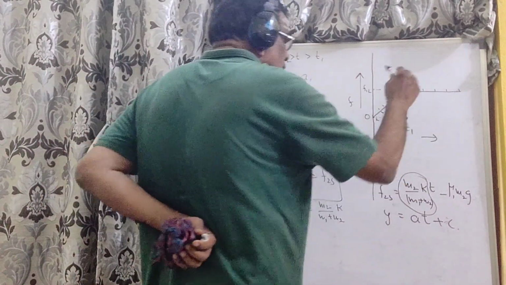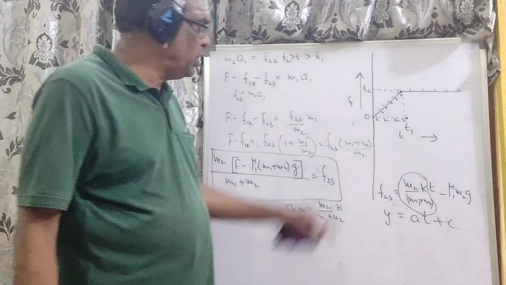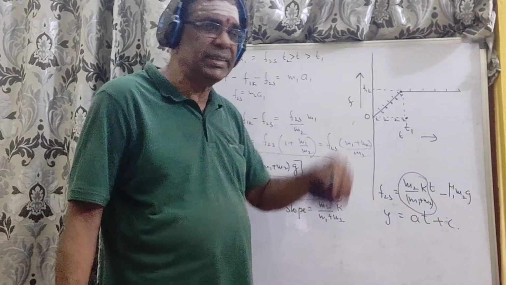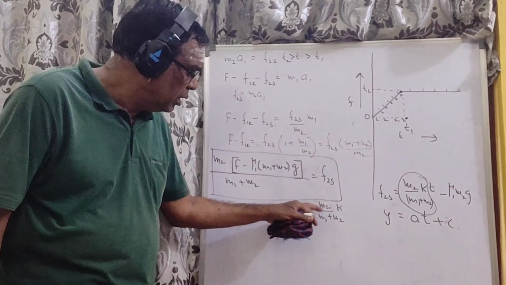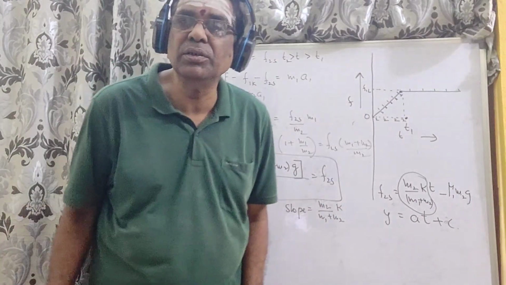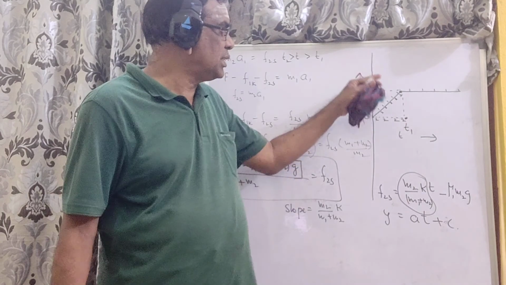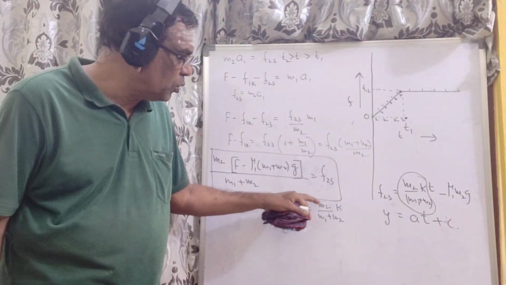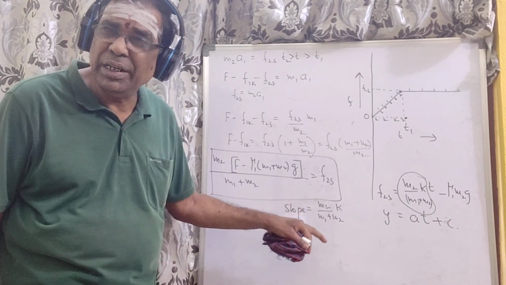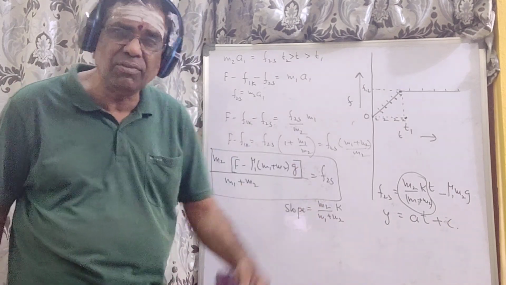Now, the first F1, we got slope as K. What is the slope of F2 now? M2 by M1 plus M2 into K. If it is K, this is less than K. Do you agree? M2 numerator, denominator is more because M2 plus M1.